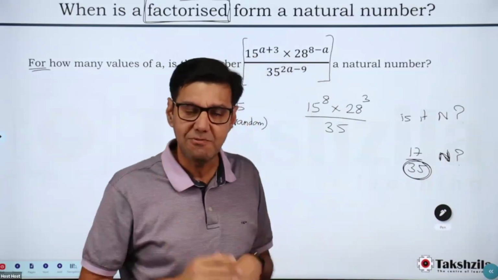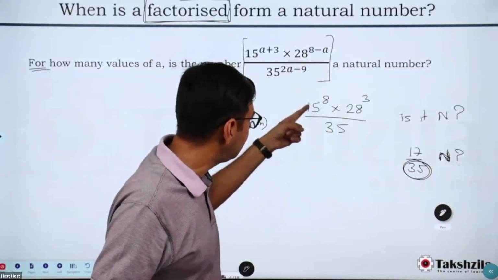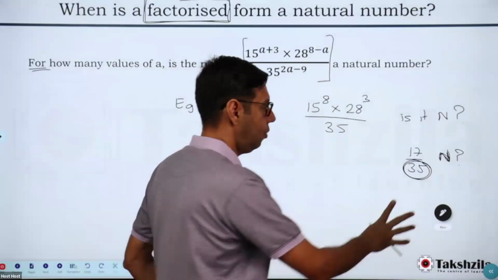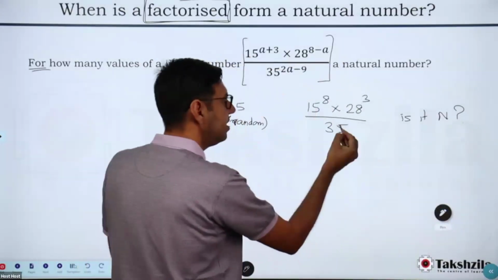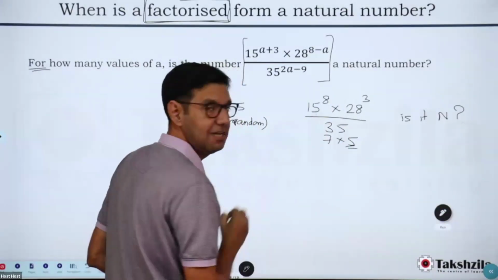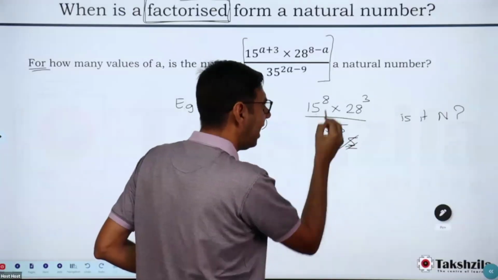Natural numbers don't have denominators. But then do you see this 35 and something happening over here? The 35 is nothing but 7 into 5. And that 5 can cancel with this. This 5 will cancel out with this.